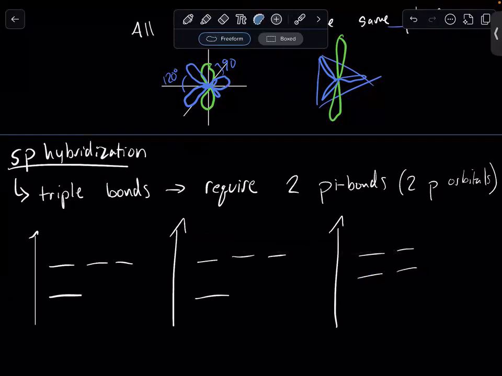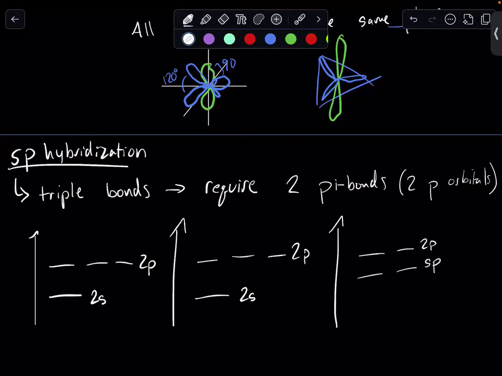So I'm just going to raise this up. So this is going to be our 2s, 2p, and sp. And so this is ground, excited, and this is going to be hybrid.